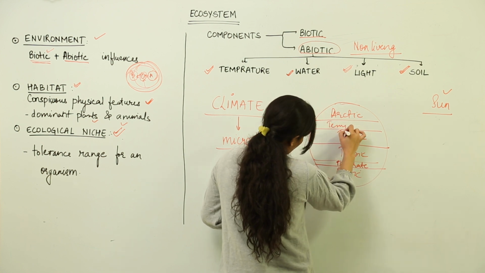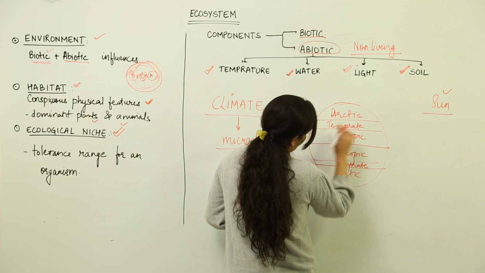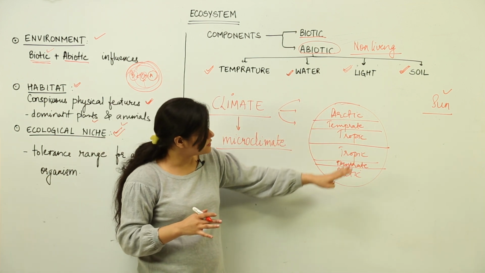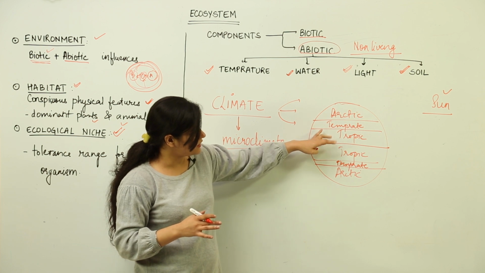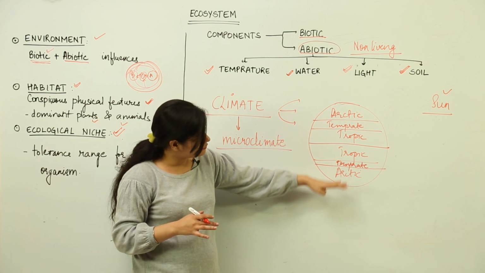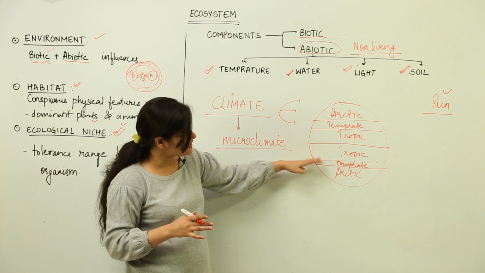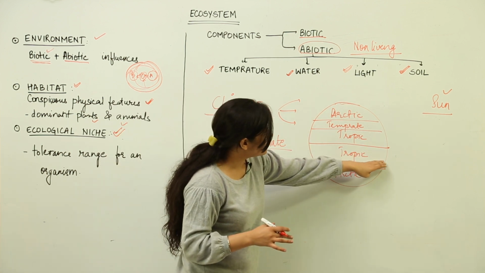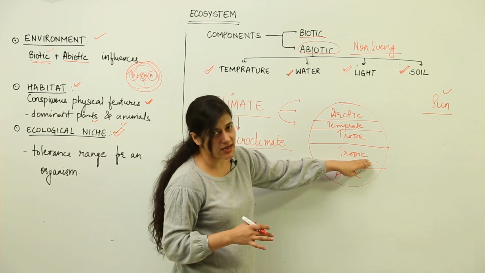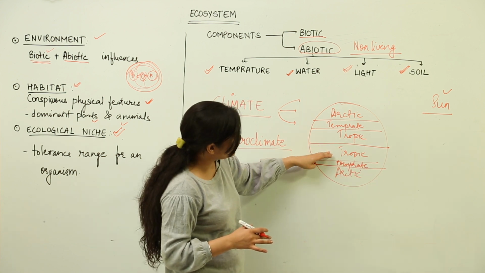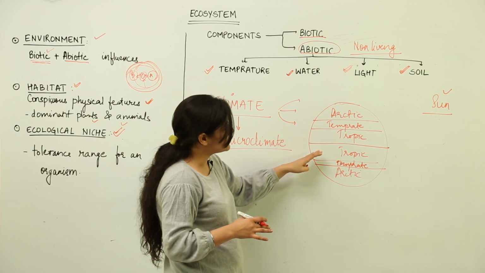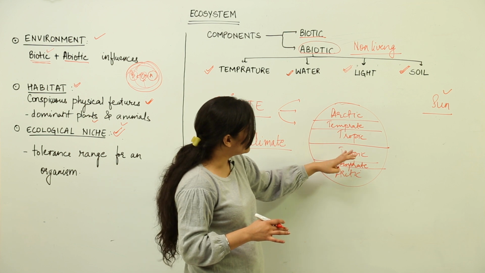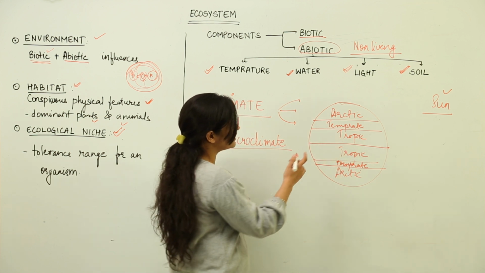Though microclimate varies from place to place, in fact from every place, if we have to understand it in a gross way, we have Arctic, temperate and tropic regions, and all this depends on how the sun rays fall on Earth. This region receives maximum sunlight, so it has the maximum number of ecosystems interacting. If somebody has to study ecology, this place would be heaven for him or her to understand the ecological interactions.